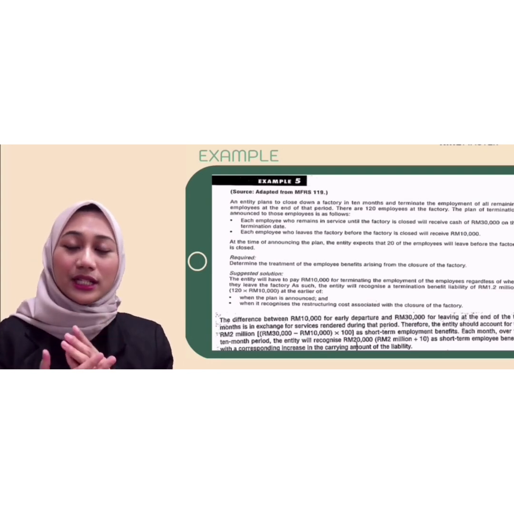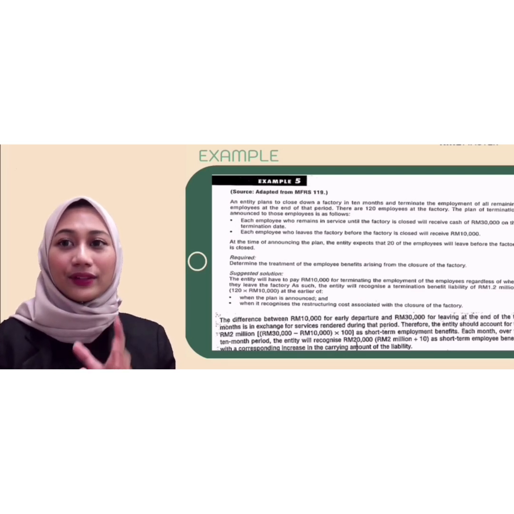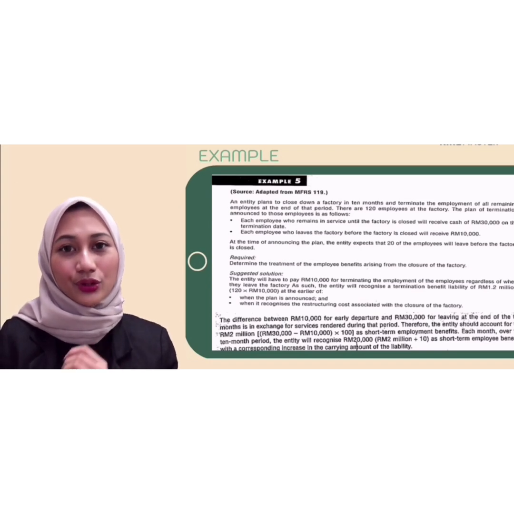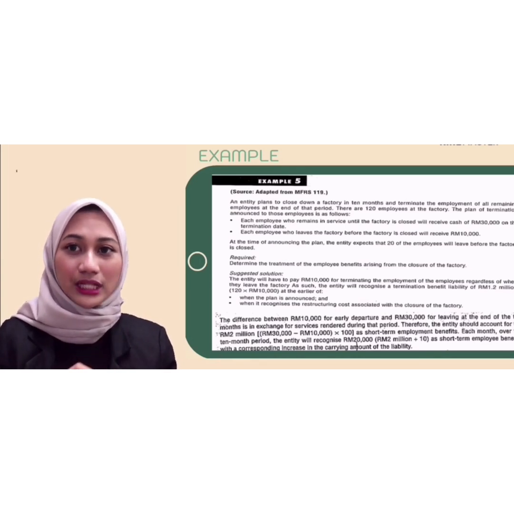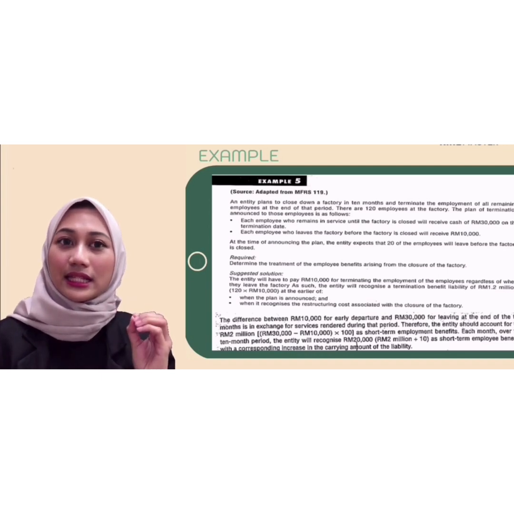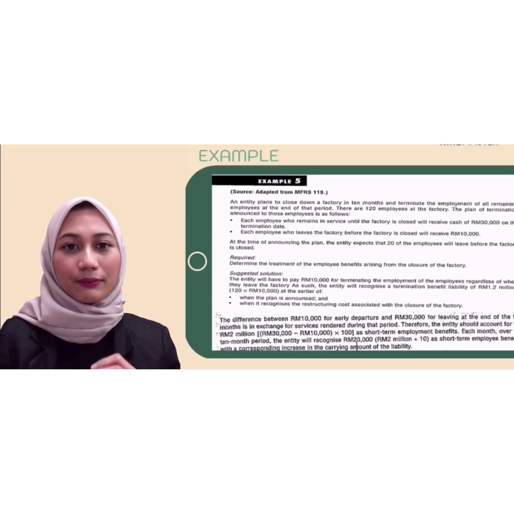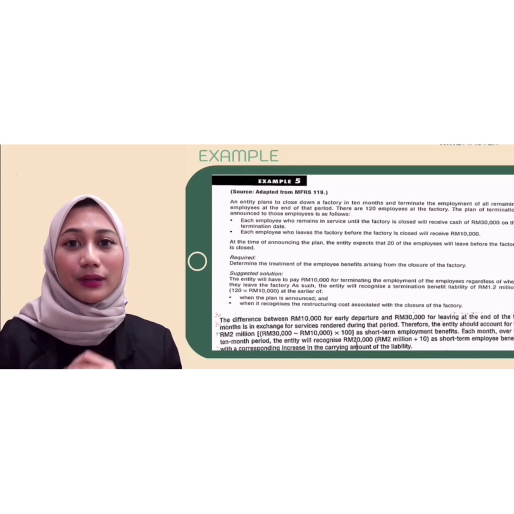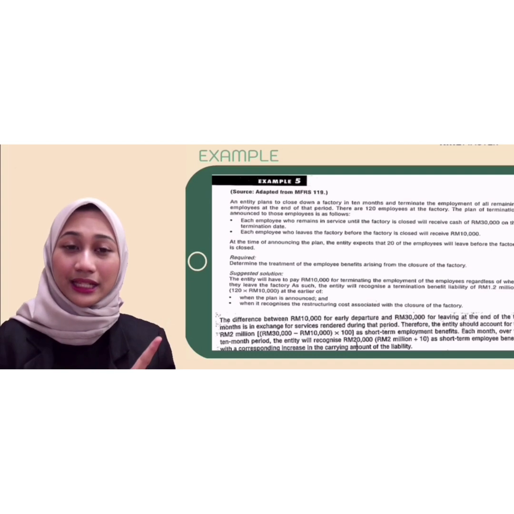Okay, the difference between 10,000 for earlier departure and 30,000 for leaving at the end of the 10 months is in exchange for service rendered during the period. Therefore, the entity should account the 2 million as short-term employees benefit since it is less than 12 months. Each month over the 10-month period, the entity will recognize 20,000 as short-term employees benefit with a corresponding increase in the carrying amount of the liability, which means current liability.